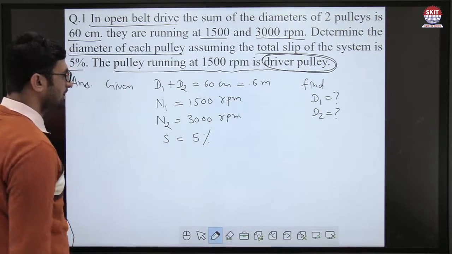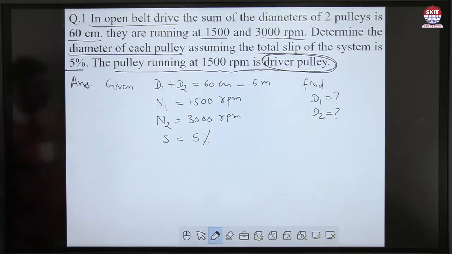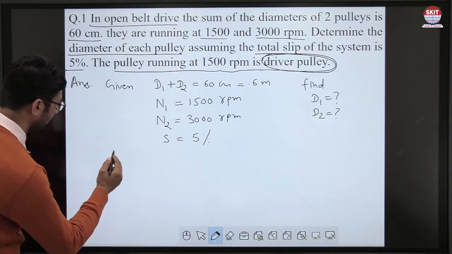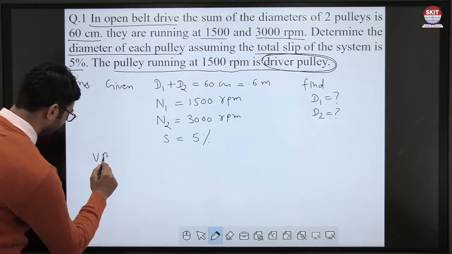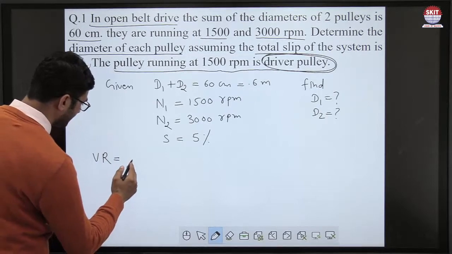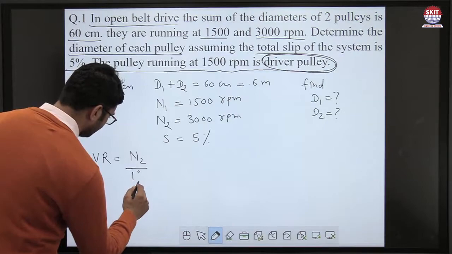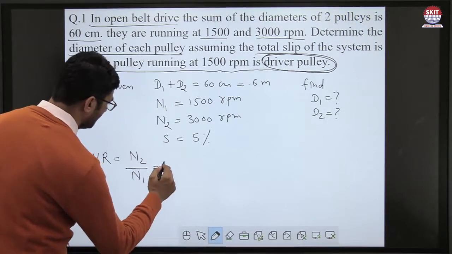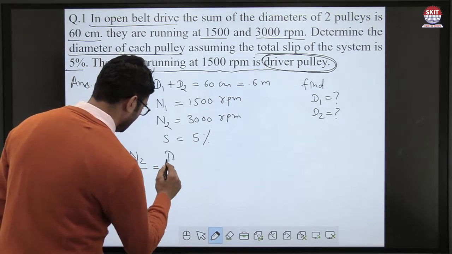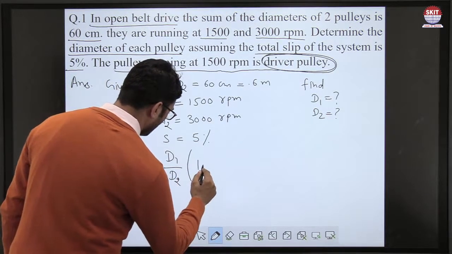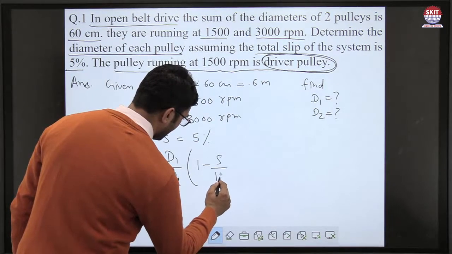There is no thickness of the belt given, so we do not consider the thickness of the belt. So the formula of the velocity ratio when slip is present is N2 upon N1 equal to D1 upon D2, 1 minus S upon 100.